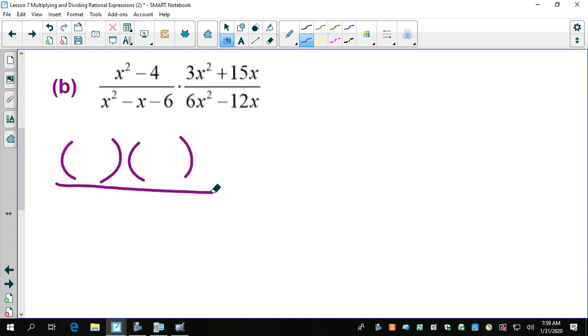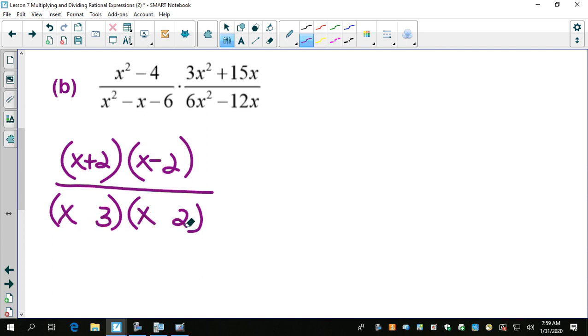Top left. How do I factor that? How do I factor bottom left? 2 and 3. X and x. And then something 2, something 2 and 3. What are my signs? Plus 2 minus 3. Okay?